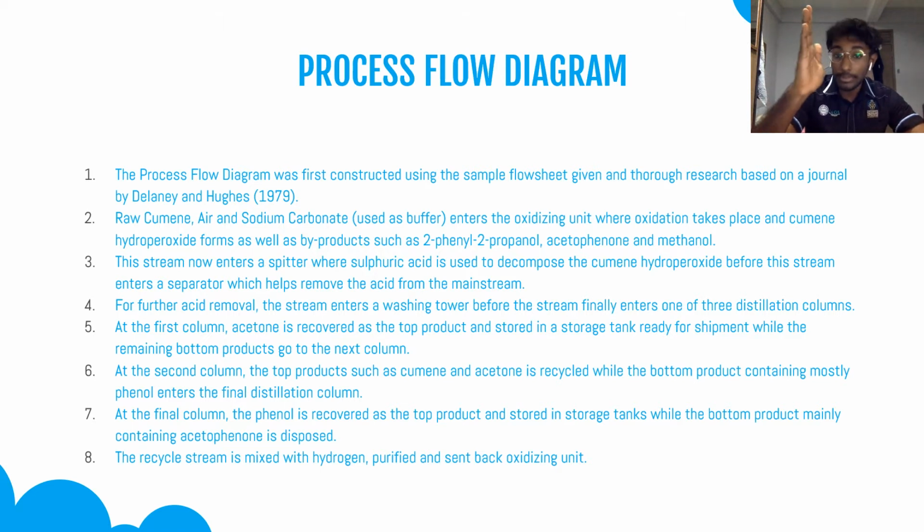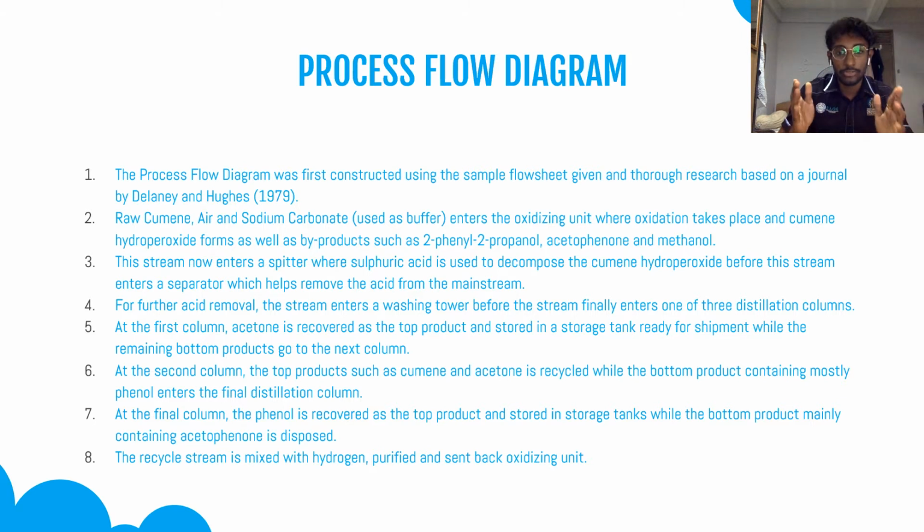Then the cleaved cumene hydroperoxide enters a separator to separate the acids. The sulfuric acid is recycled back to the splitter. The stream is sent now to the washing tower, whose main purpose is to wash off the remaining acids present.